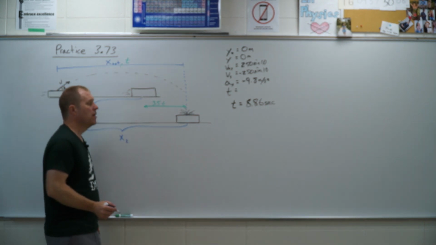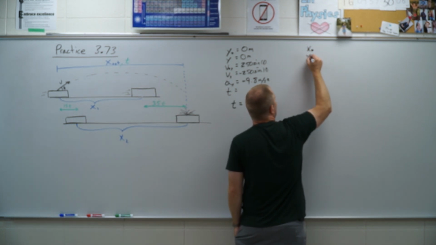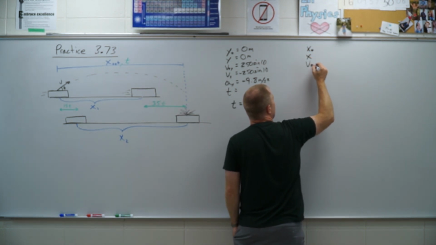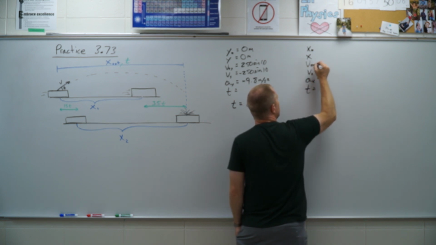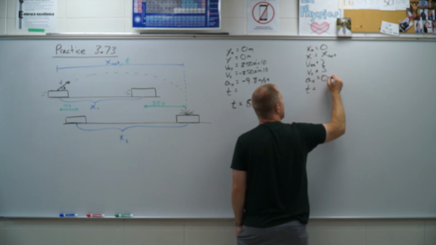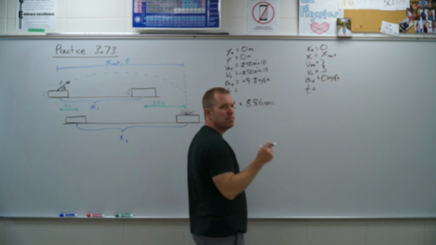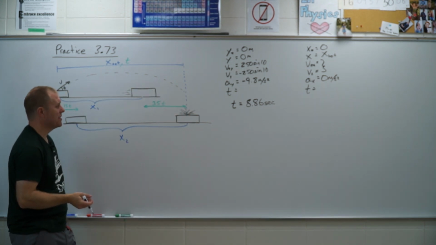So that is now the time that I'm going to use to find this x total. We have x naught, x, v naught x, vx, ax, and t. During this flight time, it's going to move some distance we'll call x total. It's moving at a constant speed in the x direction. That speed is what we have to figure out, so we have to set up our relative velocity problem.